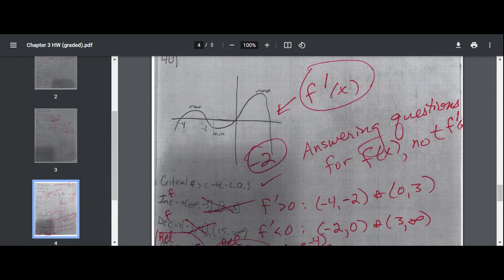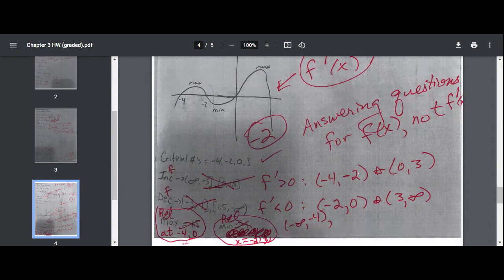So we go back to: if your derivative is positive, what do you know about your function? It's increasing. How do you know if the derivative is positive? In this case, if it's above the x-axis, it's positive. So from -4 to -2, my derivative is positive, right? Yeah. So from -4 to -2, f is increasing because f prime is positive.